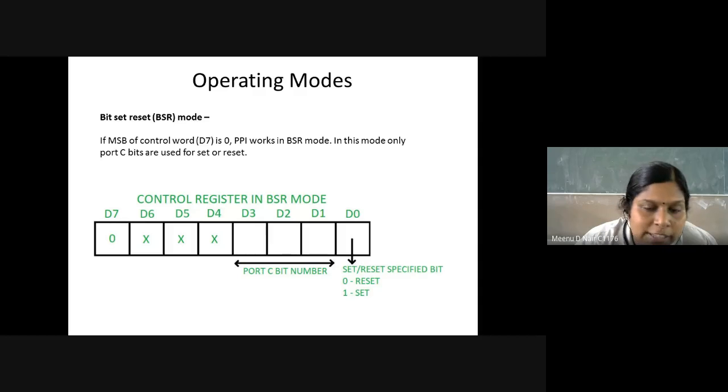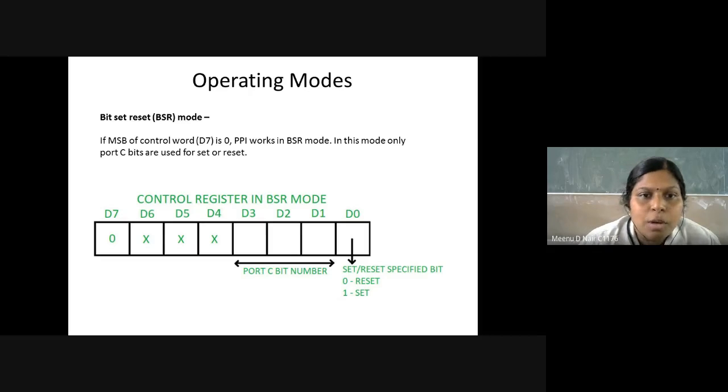PC5, 5 means 101. So you substitute 1 in D3, 0 in D2 and 1 in D1. If you want to set, you substitute D0 as 1. If you want to reset PC5, you substitute it as 0. This is what a bit set or reset mode is.